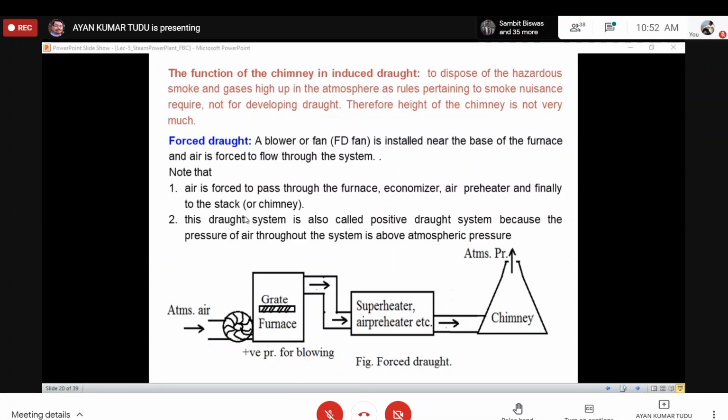Yes, sir. Okay, so there is a chance of the fire blowing out, correct?